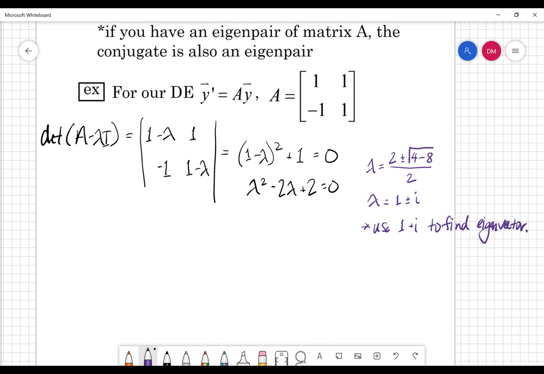Where our job gets easier is that the conjugate, 1 minus i, will yield a conjugate eigenvector.